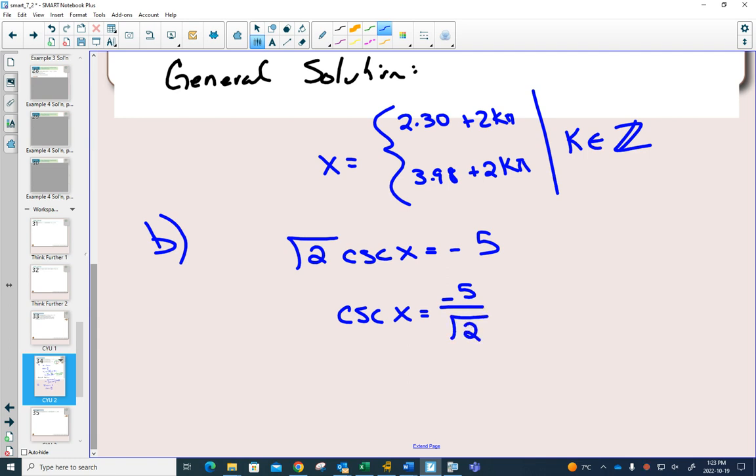And anytime you have one of your reciprocal functions, once you get it by itself, which we've done here, you could change it to its other function. Cosecant is the reciprocal of sine, so I could now write that if cosecant of x is equal to negative 5 over root 2, then sine of x would be the flip, negative root 2 over 5.